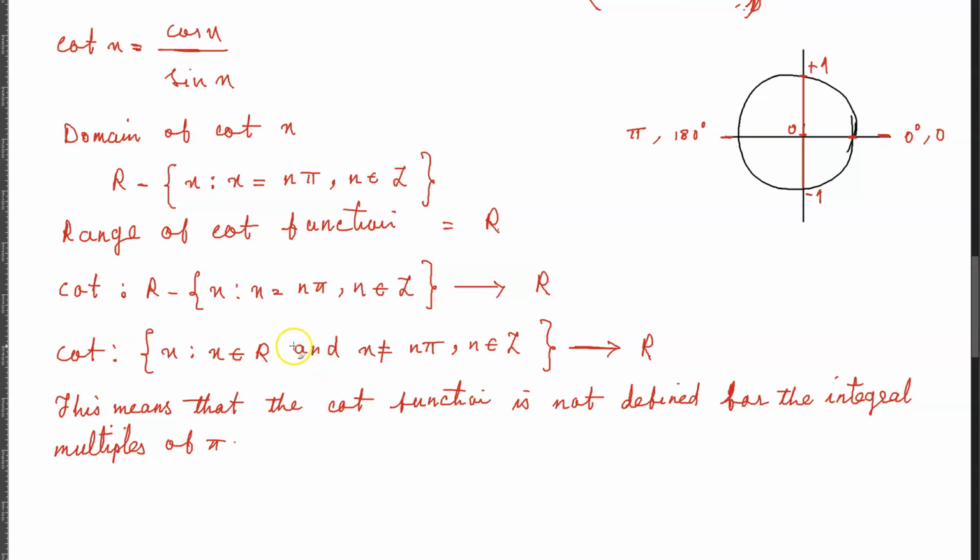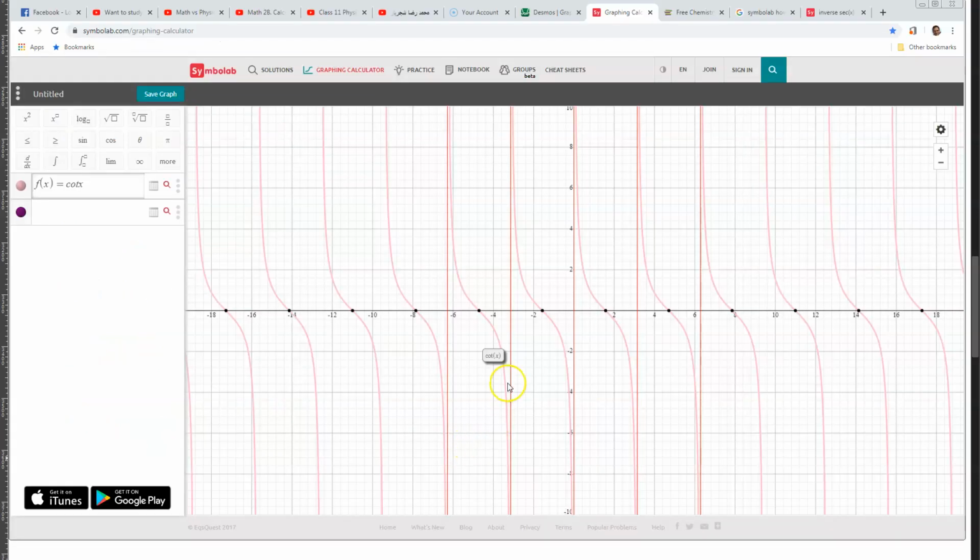If we restrict the domain of the cotangent function to, for example, 0 to pi, then it's bijective with the range R. So you can see very clearly here that the cot function is not 1-1, but it's an onto function. There is no problem with that.